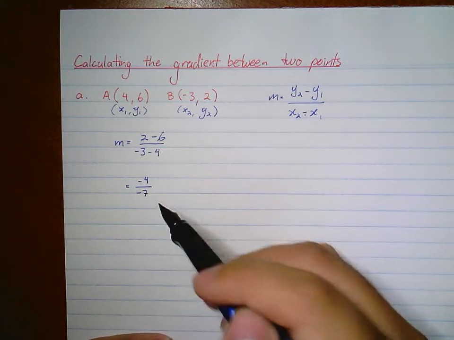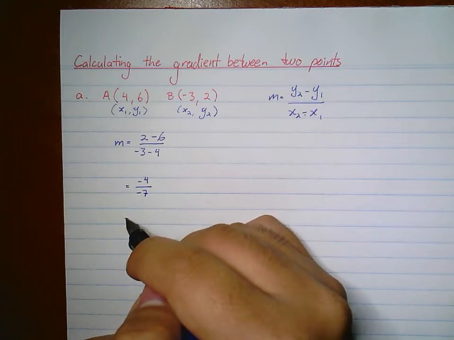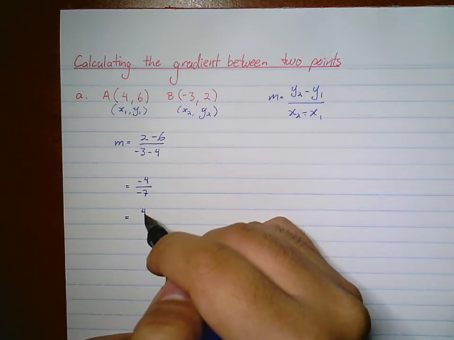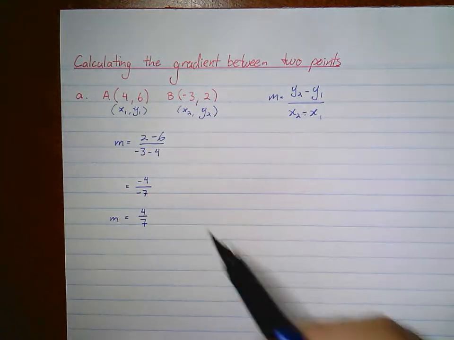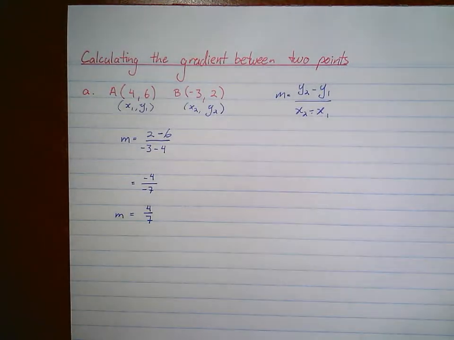So negative 4 over negative 7 is actually just positive 4 over 7. So our gradient between these 2 points is 4 over 7.